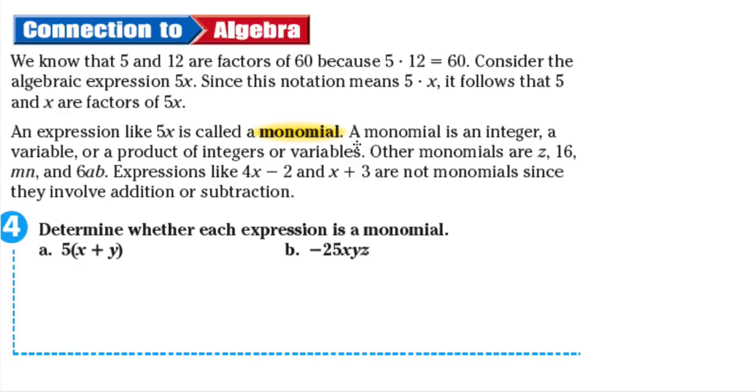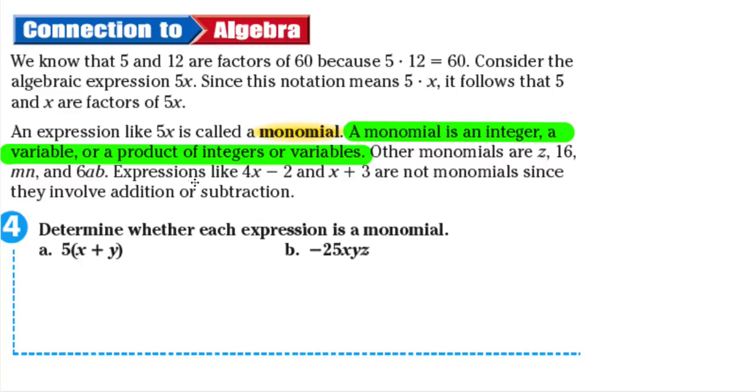Okay? So a monomial is an integer. Highlight that, write that down. An integer, a variable, or a product of integers or variables. Okay? So other monomials are z because it's a variable, 16 because it's an integer, mn because it's a product of variables, and 6ab because it's a product of integers and variables.